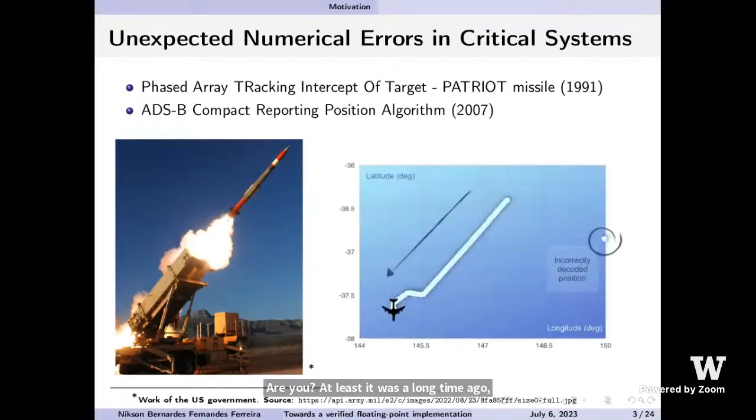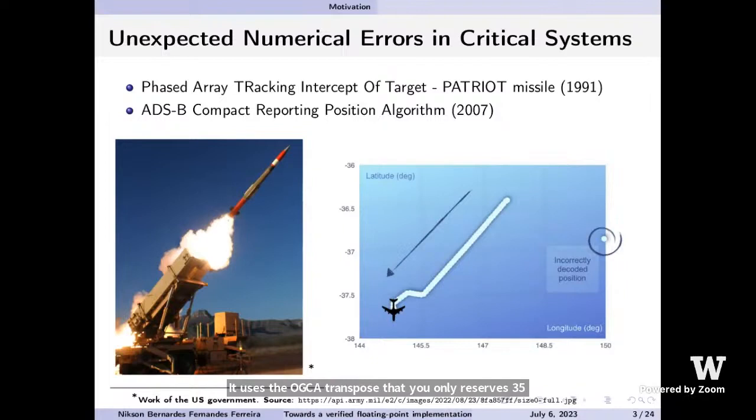2007. Automatic Dependent Surveillance-Broadcast, the next generation of air traffic management, is required in aircraft above 200 passengers in America and in Europe since 2020. However, this technology has a con. It uses the old Mode S transponder that only reserves 35 bits to represent latitude and longitude.